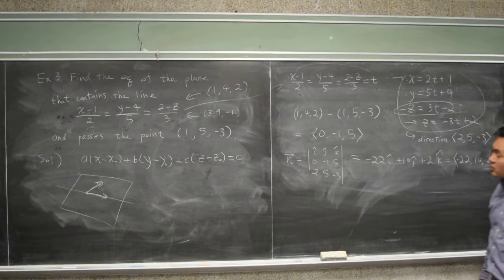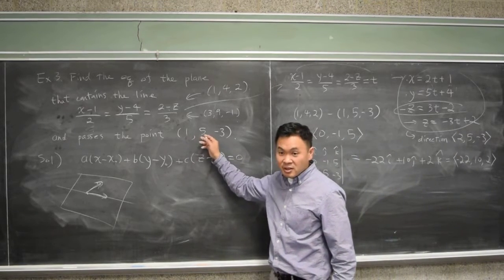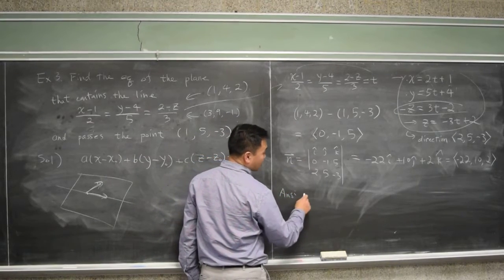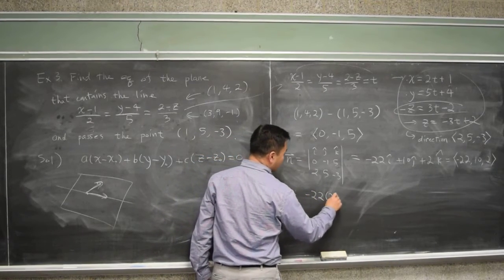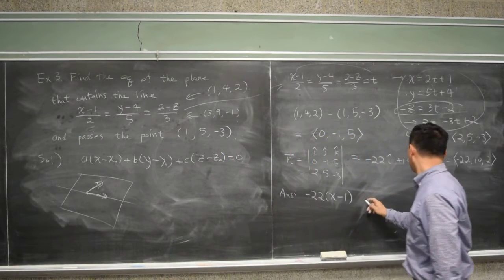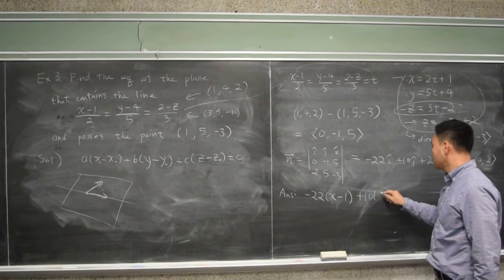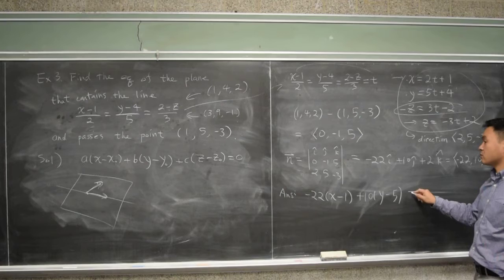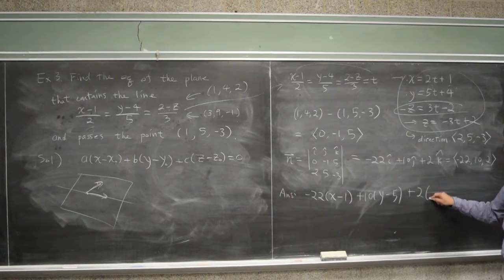And then going back and using this as our x naught, y naught, z naught, we have the final answer, which is negative 22 times x minus 1, plus 10 times y minus 5, plus 2 times z minus negative 3, equal to 0. That's the answer.